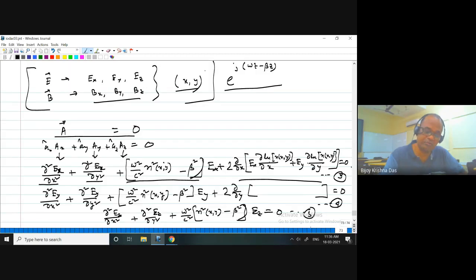This is a little bit of vector algebra you have to use. So what I did is decompose the vector wave equation into 3 scalar equations. I'll be using these equations a little while later, but most of the time it may not be required to solve all these things.